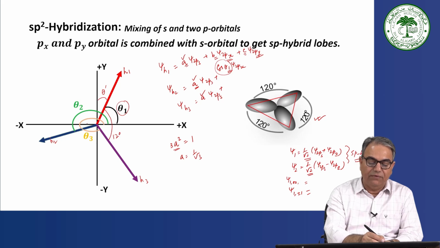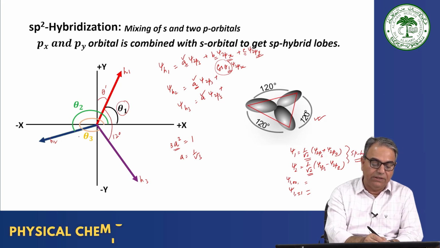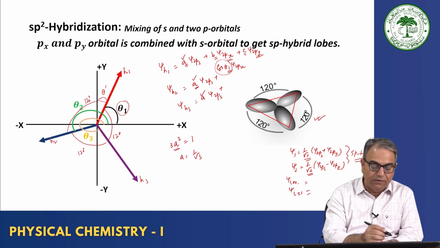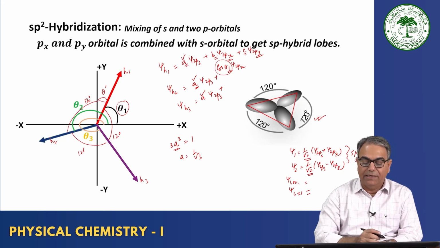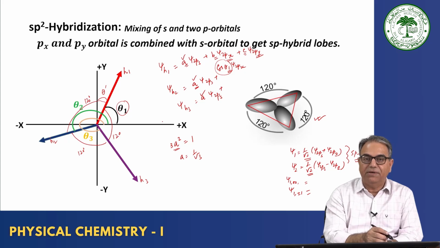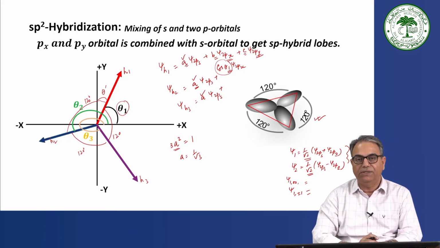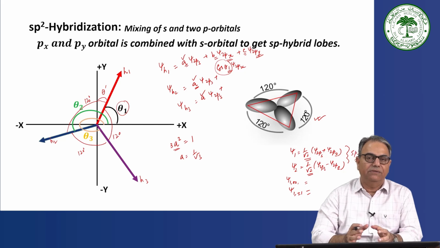From here to here it is a 120-degree angle, and from here to here you have a 120-degree angle. And in between plus x and plus y, you know it's 90 degrees, so you can find the different angles and you can find out the coefficients. Okay. This is one way of finding out the coefficients, but we will not go by this one.